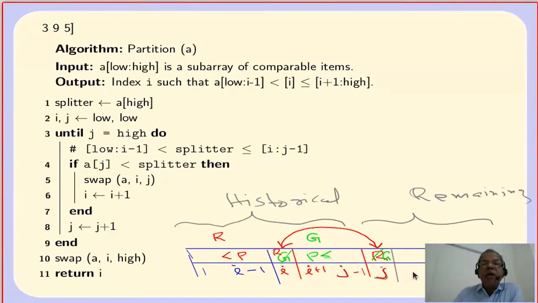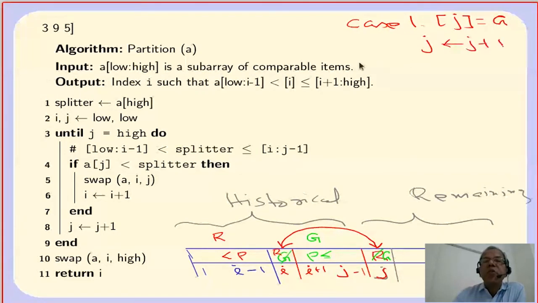Maybe I need to draw a few more diagrams. So let me say this. Case 1: the item at j is green. All I have to do is increment j to j plus 1. Case 2: the item at j is red.